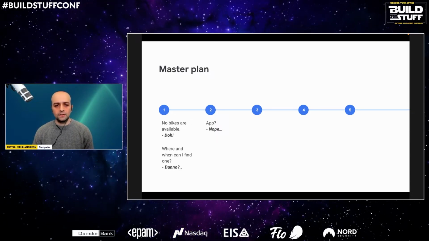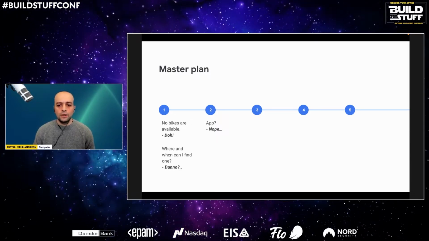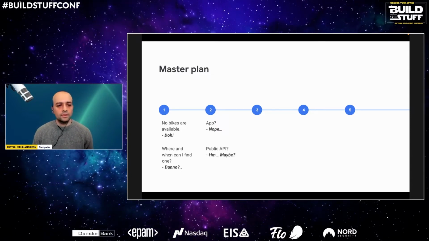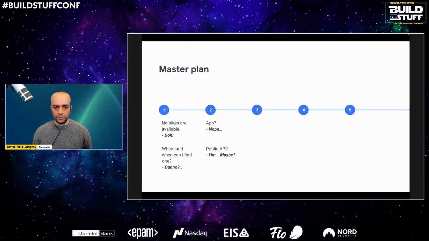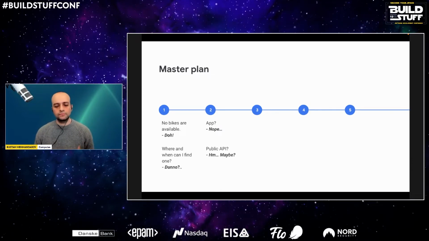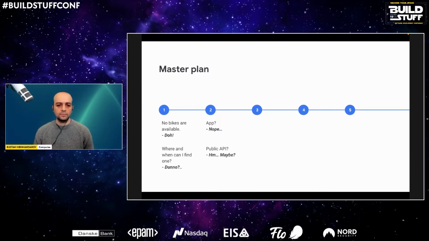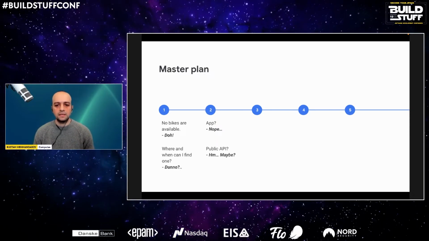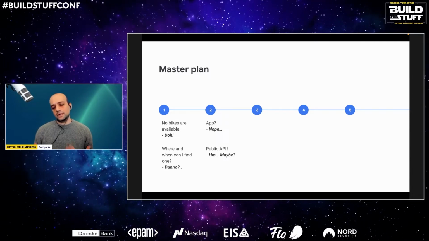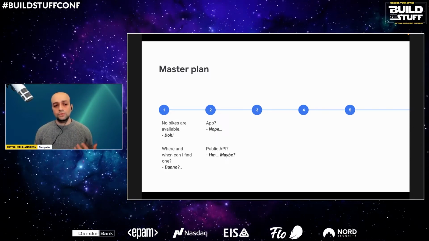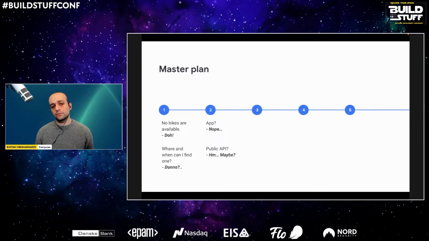But the problem is that all of those show you real-time data. And there is also a public API open for anyone who applies through a very simple process to get the developer API access and key and stuff. But again, it's the same API that is used by the app and the web that gives you real-time information. And that is fine-ish.